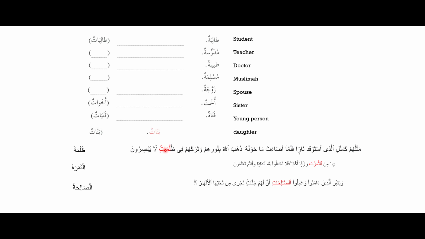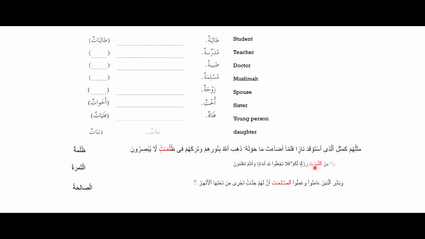Here the alif madd, fatha followed by alif, is written as a short alif like this. So zulumatin is plural. How do I know? Because of this ending here, atin. The singular is zulmatun. Zulmatun means darkness, and the plural is zulumatin.